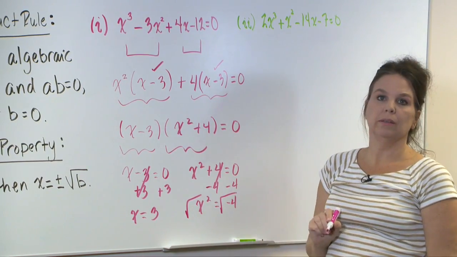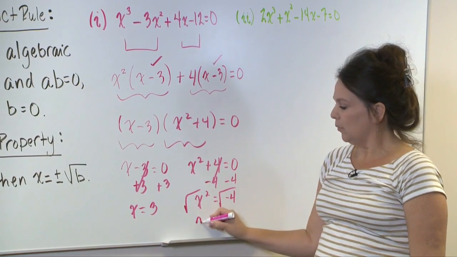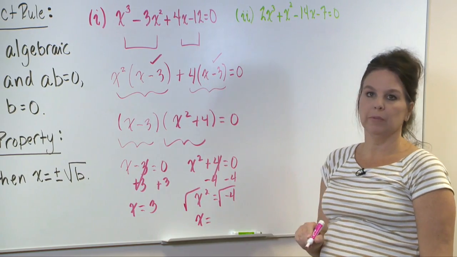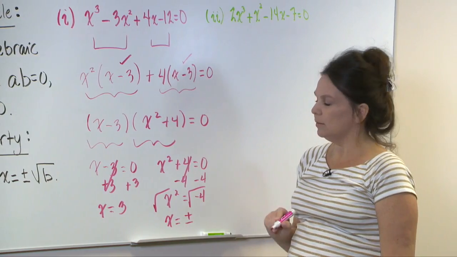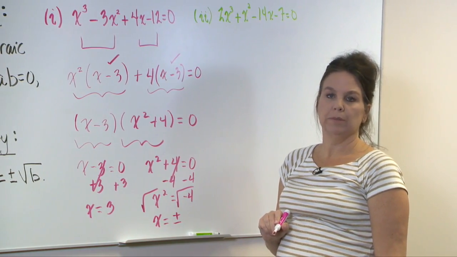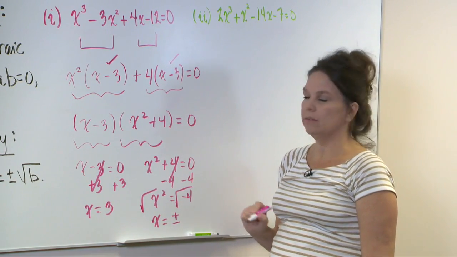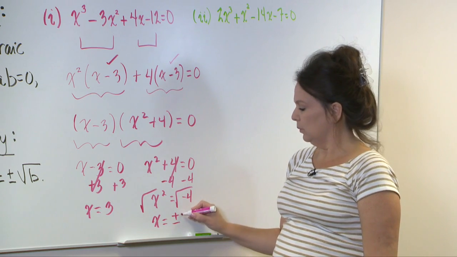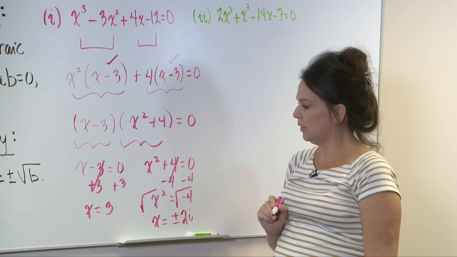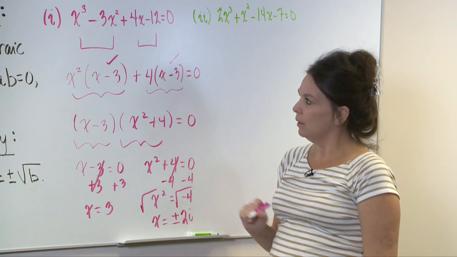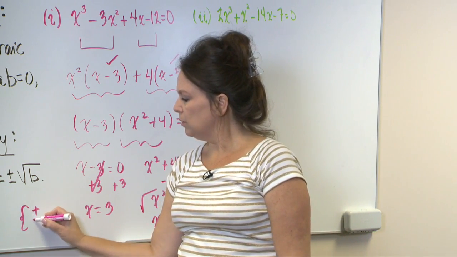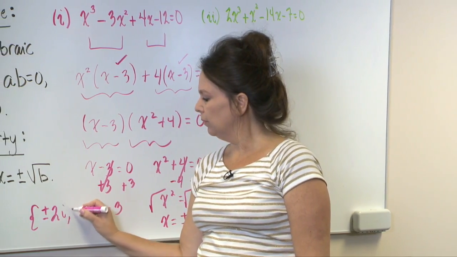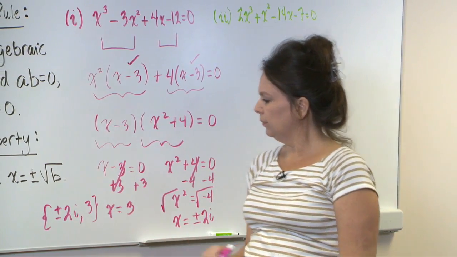That will undo the x squared, and I will have x is equal to, and I'm going to write a plus or minus since I've introduced the square root, plus or minus the square root of 4 is 2, and I have a negative underneath the square root, which I will write as plus or minus 2i. So the solutions to this equation are plus or minus 2i and 3.